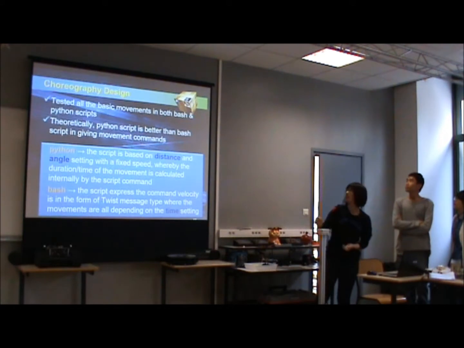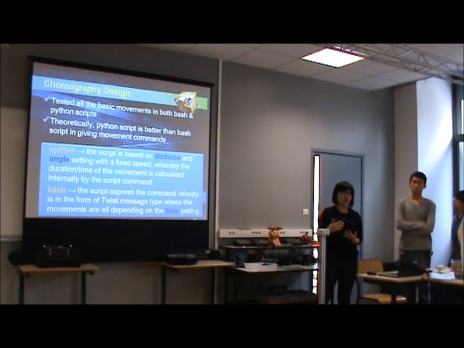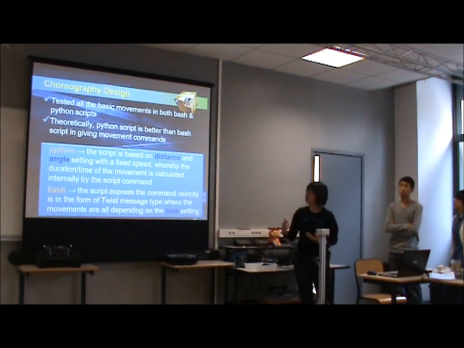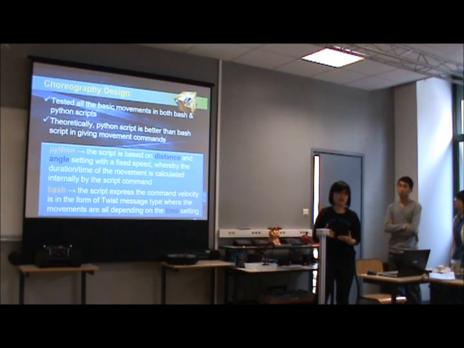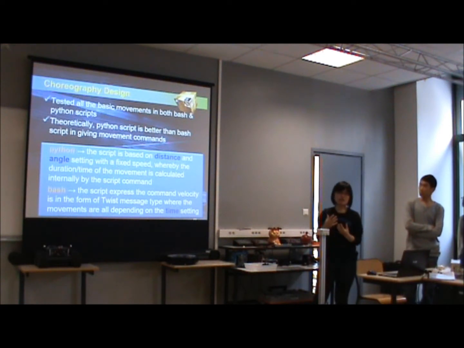Next, for the choreography design, I tested all the basic movements in both Bash and Python scripts and drew some comparisons between them. Theoretically, the Python script is supposed to be better than the Bash script for giving velocity commands, because in Python most of the code is written so that we can set the distance and angle ourselves.